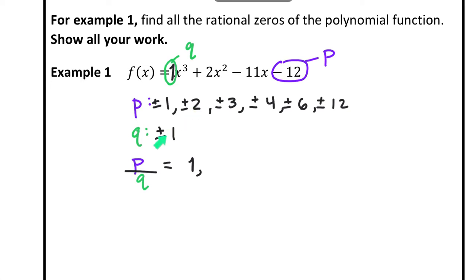What's 2 divided by 1? 2. What's 3 divided by 1? And I think you should see a pattern, right? So 4 divided by 1 is 4. 6 divided by 1, 6. 12 divided by 1. And all of these are going to have plus and minus.